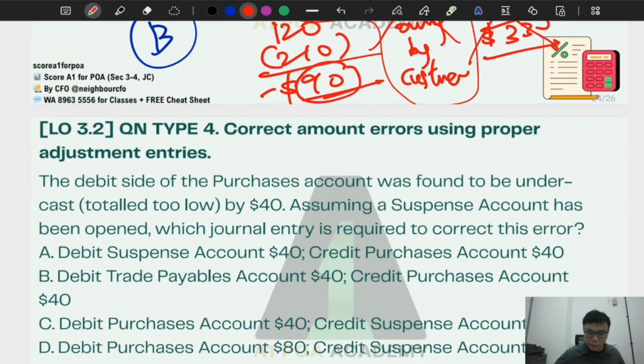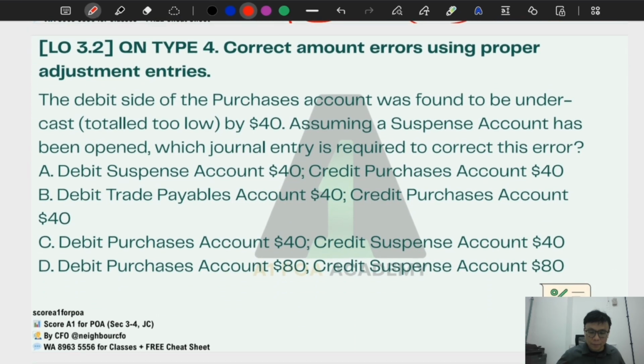Next, we come to 3.2 LO. The question asks: the debit side of the purchase account was found to be undercast, total too low by $40. Assuming a suspense account has been opened, which journal entry is required to correct this error?